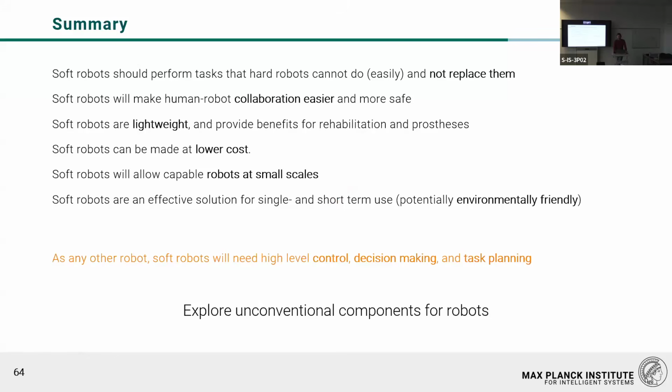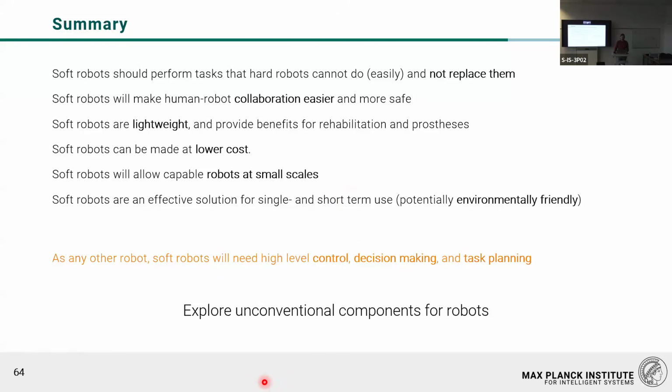So these are maybe weird or strange sounding concepts, especially for students who are looking into how we can make robots more capable by improving control, decision-making, and task planning. But I can tell you, for complex systems, we will also need that for soft robots.